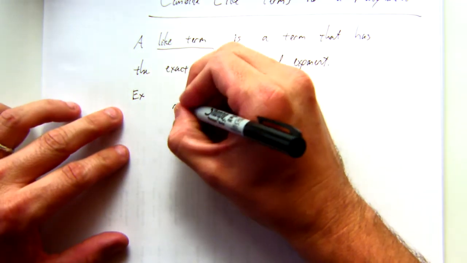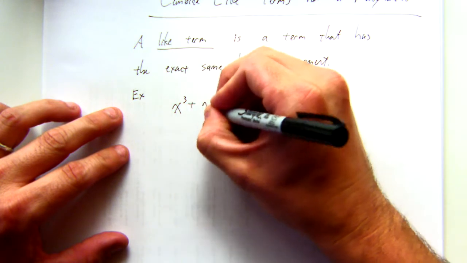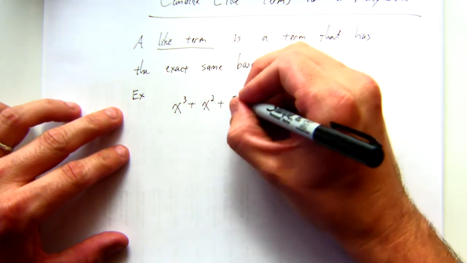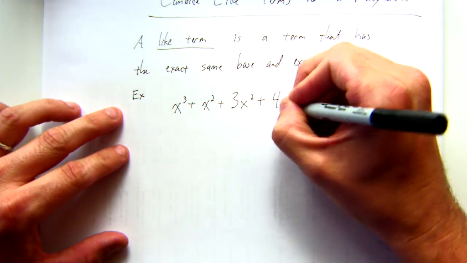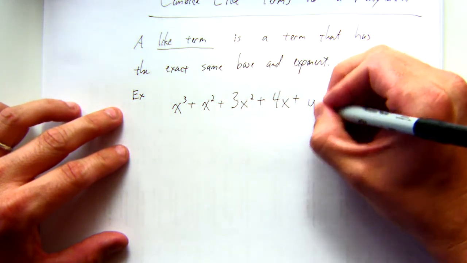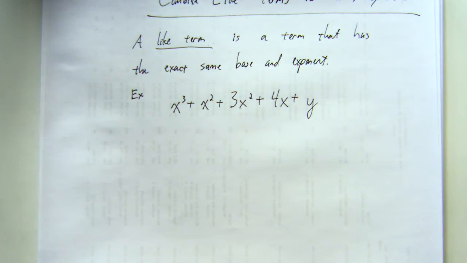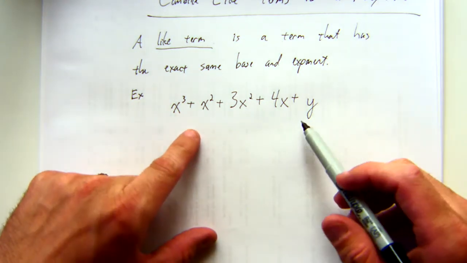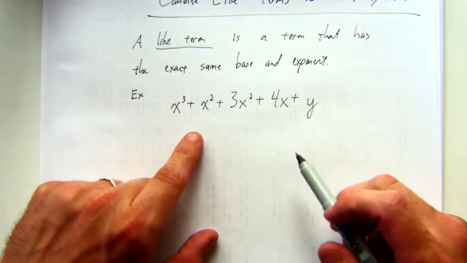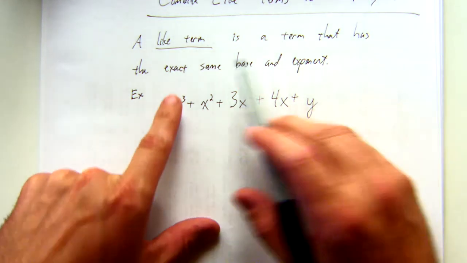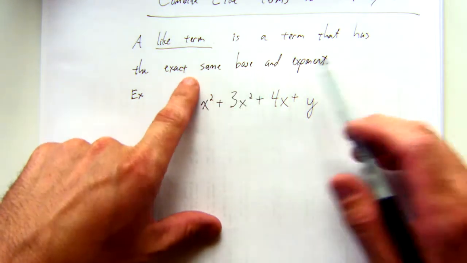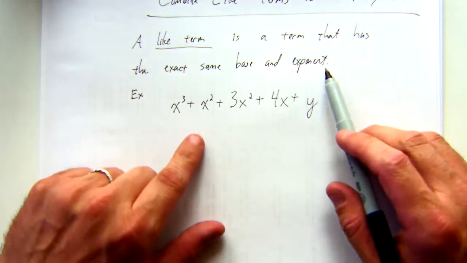Suppose we have something like x cubed plus x squared plus 3x squared plus 4x plus y. Okay, so what are the like terms in this polynomial? Yeah, so a like term is everything that has the exact same base and exponent.